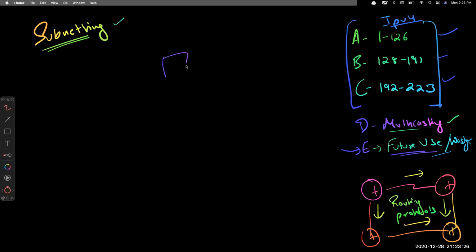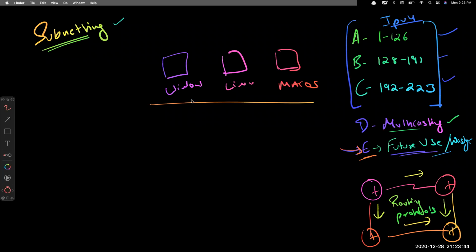But not Windows, not even Linux, not even Apple or Mac OS, not any single operating system supports class E. Initially it was meant for future use, but we can't use those IPs now because no software in the industry supports class E. So ideally it was reserved for future use, but now it is a wastage. Okay, we can't use this.